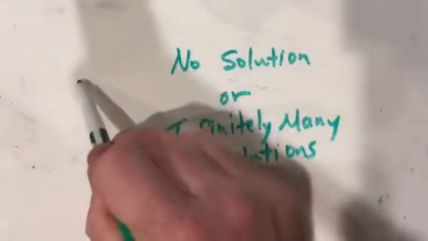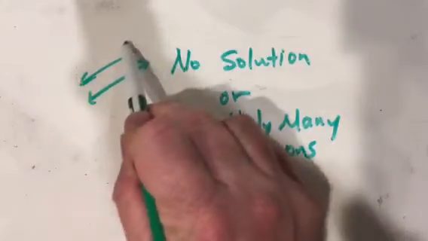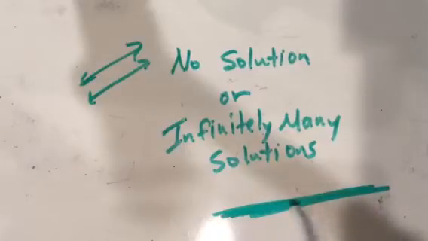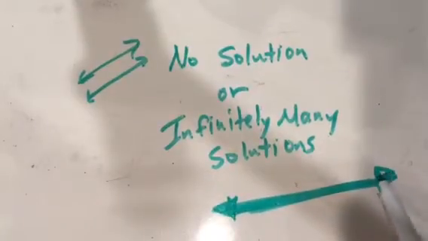All it is, is two lines that never touch for no solution, and then two lines that end up right on top of each other. So basically the same line twice. That's when infinitely many happens.